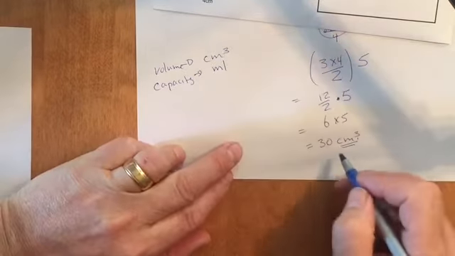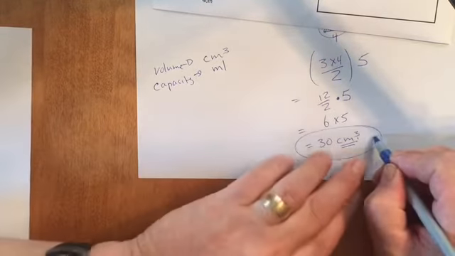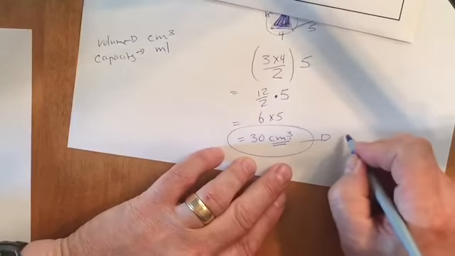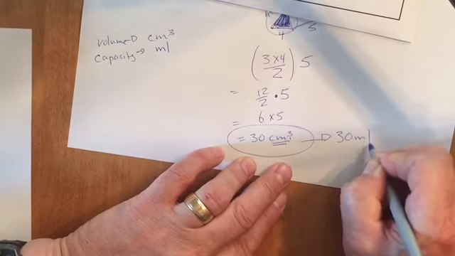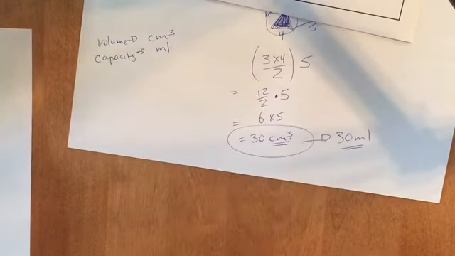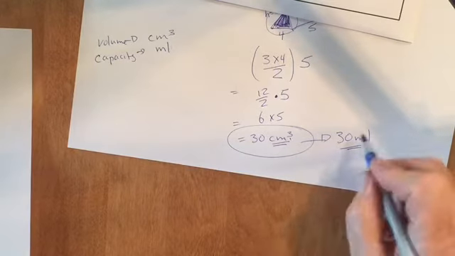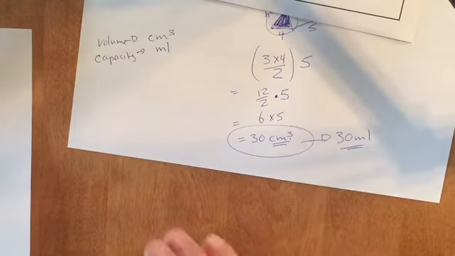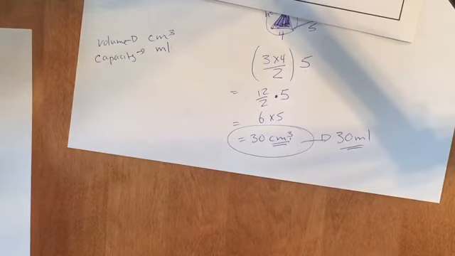So if you calculate the volume of something, you can translate that into capacity by just changing the units to milliliters. If they ask for the volume, you would say 30 centimeters cubed, but if they ask what the capacity is, how much it can hold, you would say 30 milliliters. Just change the units.